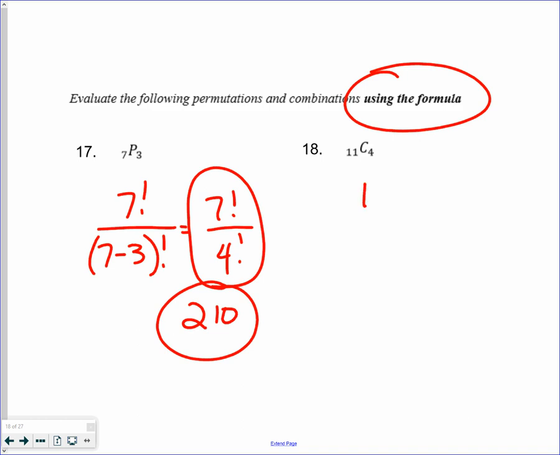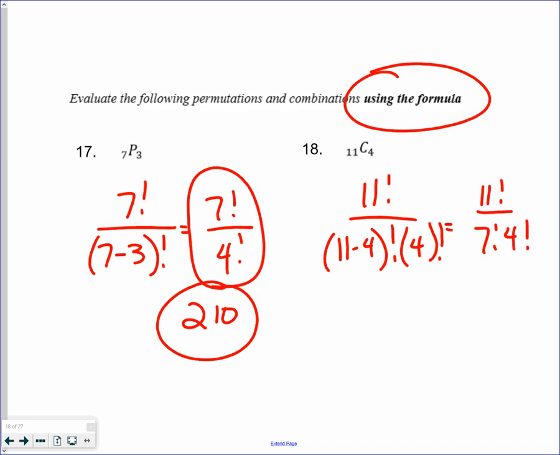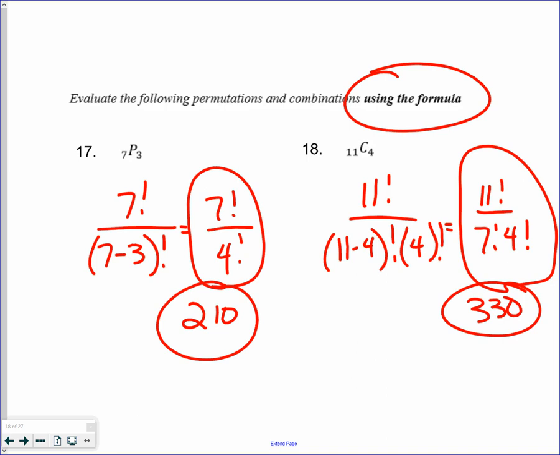So this one's a combination, so 11 factorial over 11 minus 4 factorial, and also 4 factorial. So 11 factorial, 7 factorial, 4 factorial, and the answer to this is 330. So again, I want to see that you understand how to put the numbers into the formula and then solve it.